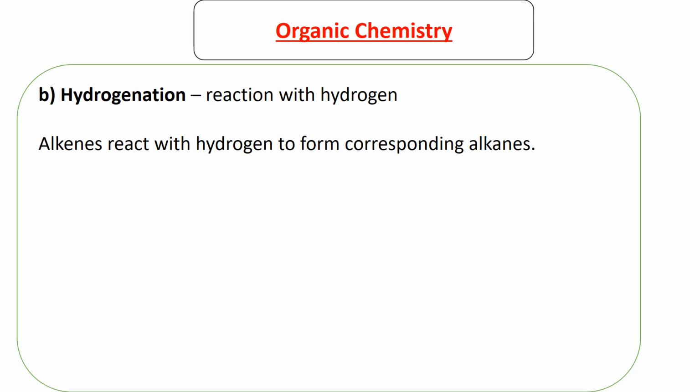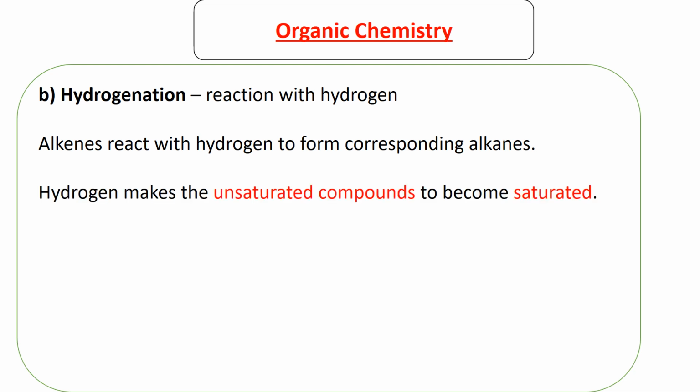So if you take ethene, for example, you react it with hydrogen in addition, it will form ethane. This should be kind of intuitive, in that alkenes are unsaturated because they are missing some hydrogen atoms. So if you give them those two hydrogen atoms, then they turn into alkanes. Okay, so this is hydrogenation.